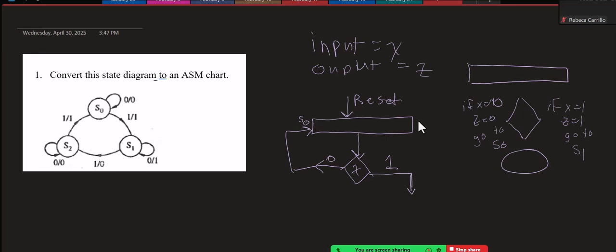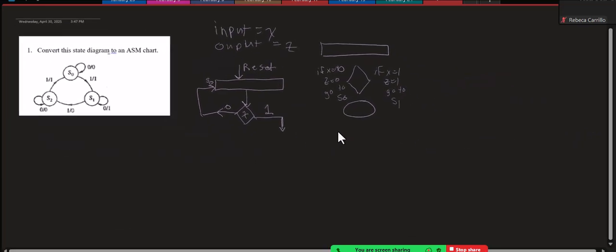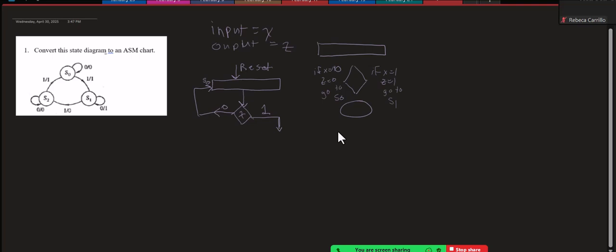So hold on for a minute because I'm going to draw in my output Z here, and you'll see that I didn't put that in for the case where X equals 0, but it's going to come later.